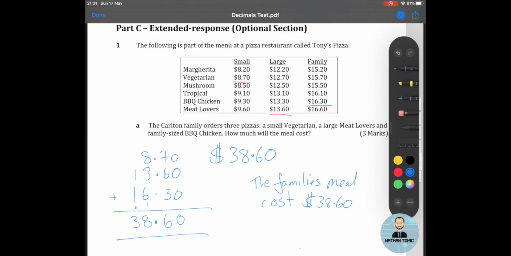So something as simple as that. You might have a more worded answer. So to buy a small vegetarian, a large meat lovers, and a family-sized barbecue chicken, it will cost $38.60. The Carlton family's order, it doesn't really matter. The important part is that you've put the total answer, which is $38.60, into a worded response.